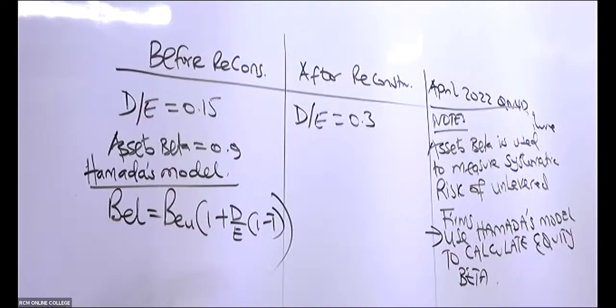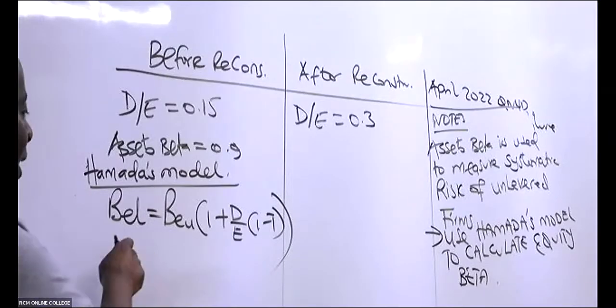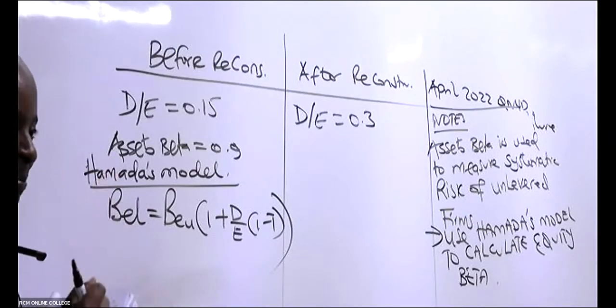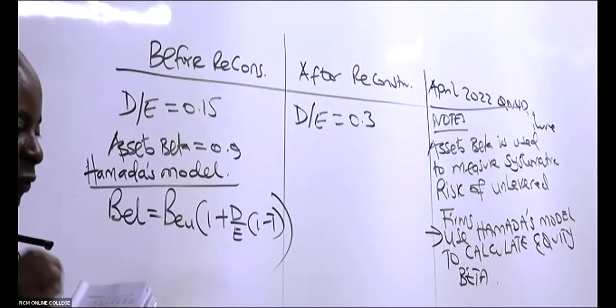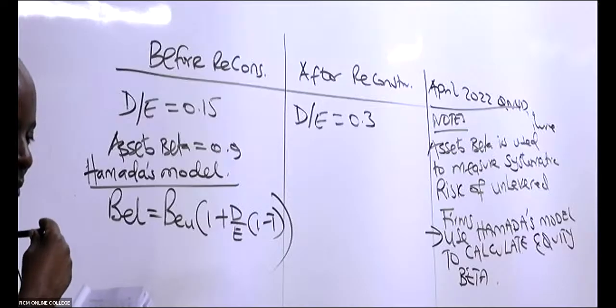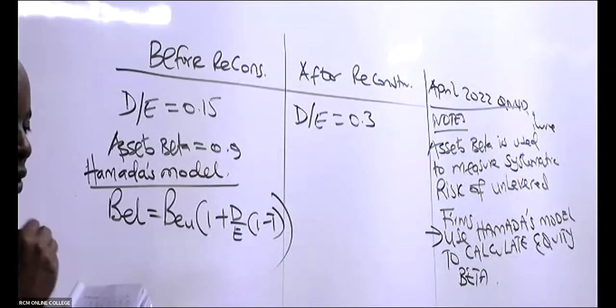So we are using Hamada's model. And this Hamada's model looks like this. Great. So Hamada's model: BEL should be equal to BEU into 1 plus debt over equity into 1 minus tax. So this BEL stands for beta equity of a levered firm.